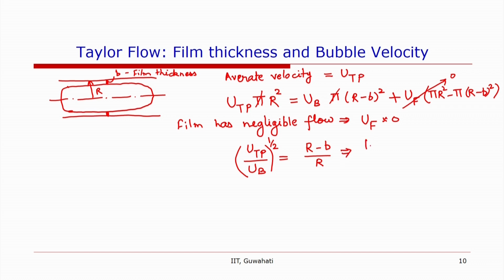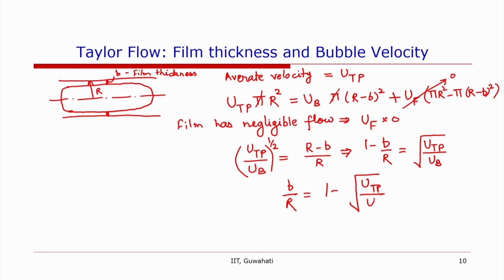So 1 minus B by R is equal to root of UTP over UB, or B by R is equal to 1 minus root of UTP over UB.